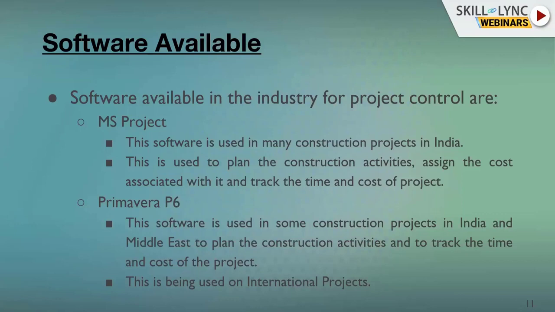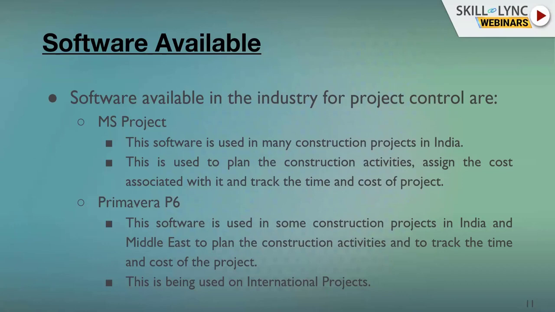MS Project is one of the important applications by Microsoft, and it is available at most construction sites. It is very popular in India, and most of the engineers on the projects use MS Project. If you see the overall market, 80% of the projects will have the MS Project application for the construction project to map things.